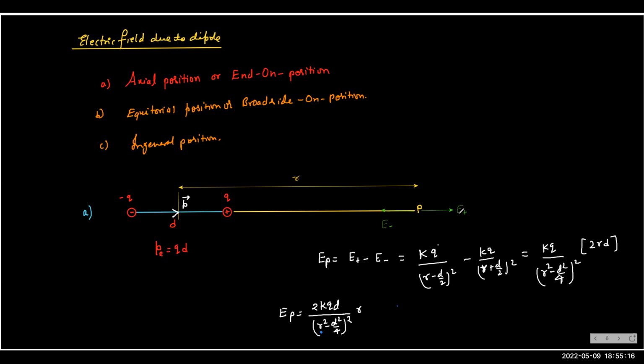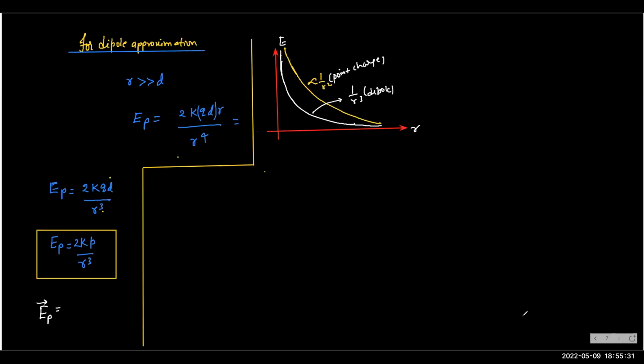And the net electric field is also right. So at point P, the directions are parallel, isn't it? So we can directly say that the electric field is always parallel to the P vector.